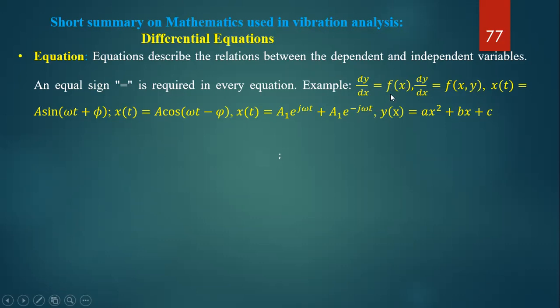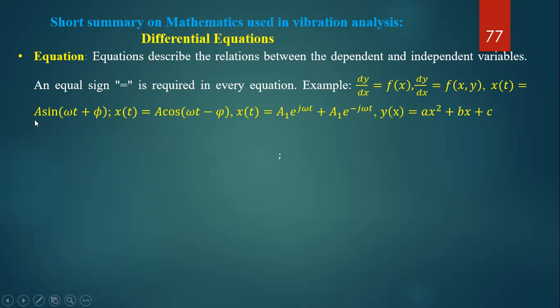If the equation is given in terms of one variable, f of x, then it is a function of one variable; otherwise, a function of two variables. Or we can represent our equation in terms of sine and cosine functions, that is trigonometry: x of t is equal to A sine omega t plus phi, x of t is equal to A cos omega t minus psi, and x of t is equal to A1 e to the power of, which is the exponential function.